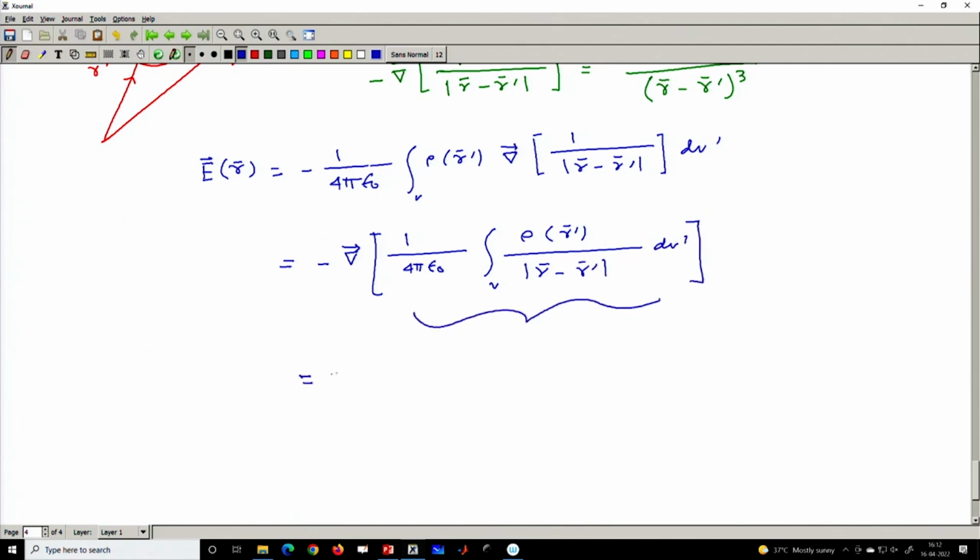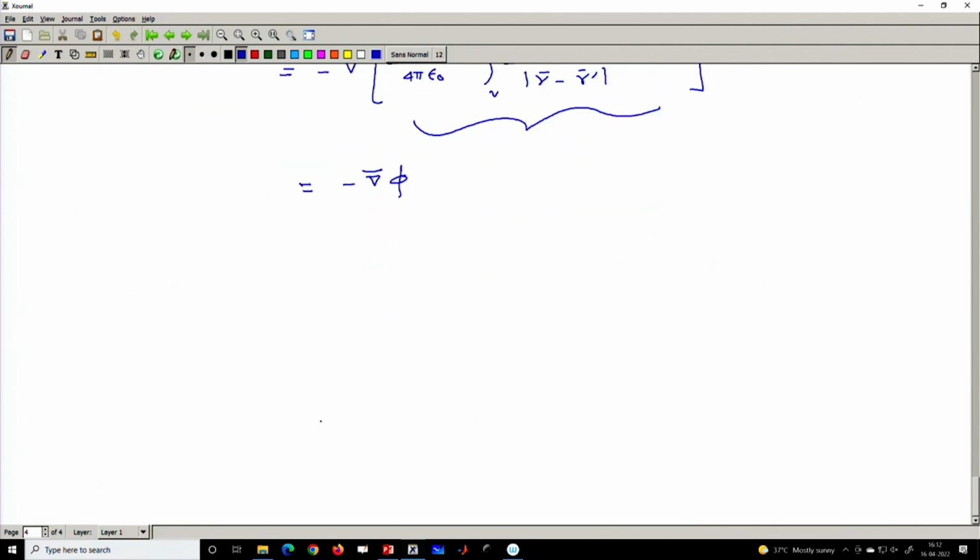So, I can write it as minus of the gradient of phi, and phi becomes this, which we already found exploiting the Helmholtz theorem.